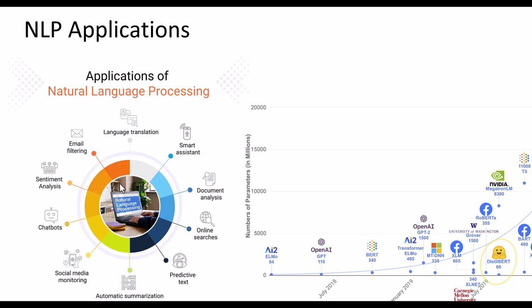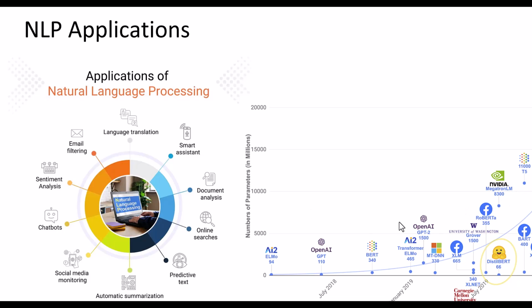Well, so here are some more applications, some modern NLP applications, like language translation, smart assistants like Google's Home Pod, Apple Siri, and Amazon's Alexa. You have document analysis, online searches, predictive text, automatic summarization, social media monitoring, chatbots, sentiment analysis, and so much more.